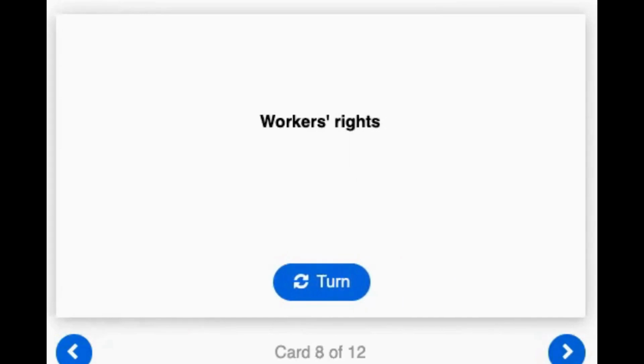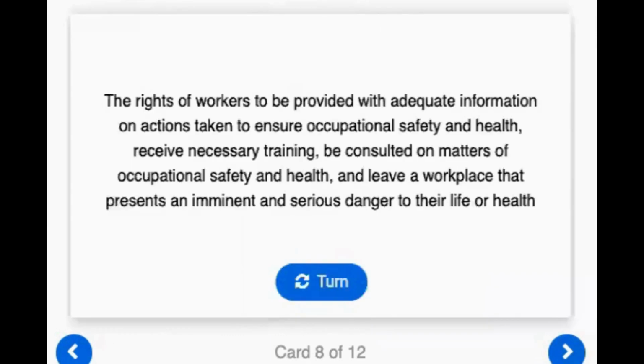As I have briefly explained in the previous lectures about workers' rights, just recall your memory and try to think over that. What are the workers' rights? Okay, now I turn the card and you will see the response.